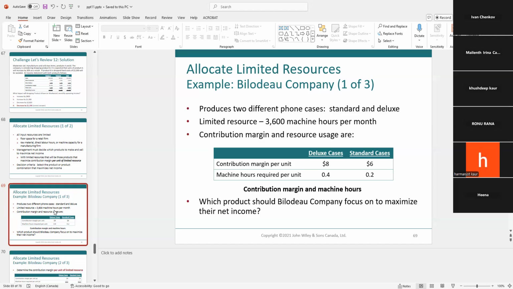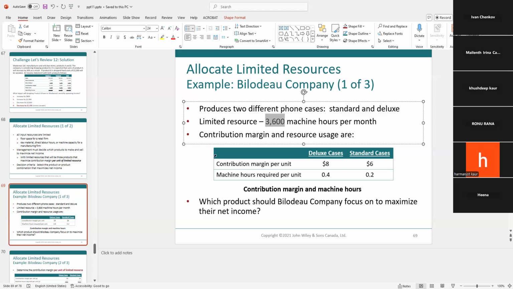Obviously, we need to have a demand, right? Obviously, we have the demand, and to see, because our limitation is hours. And then we have to see, is that resource that we have enough to cover our demand? If the resource that we have is enough to cover demand, we're just producing our demand.